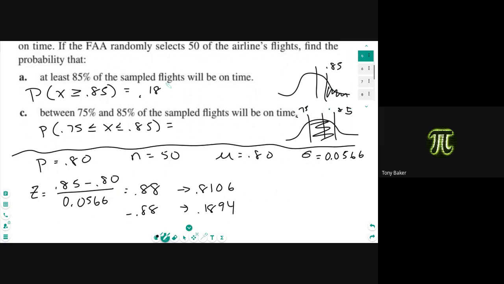So 0.1894. And then for C, we're going to subtract those two. Which is what? 0.6212.